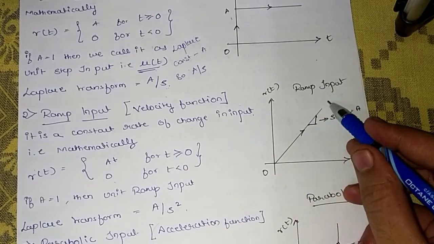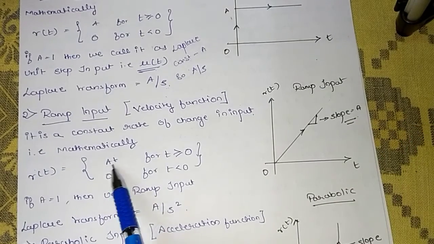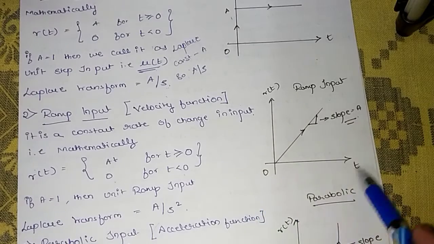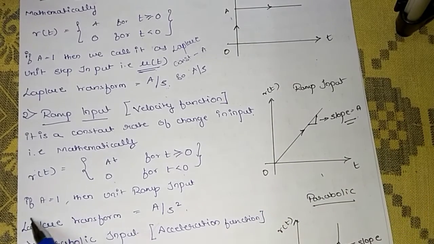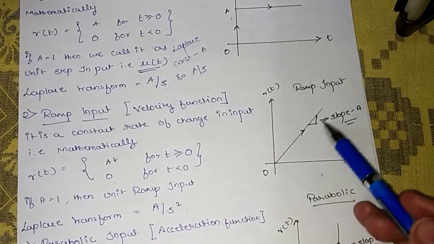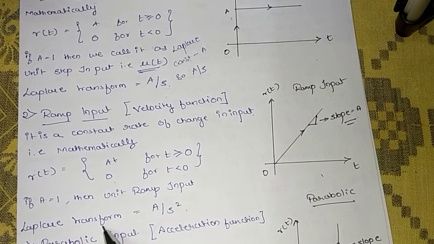For this type we get a slope, and this slope is a. Graphically we can represent the ramp input like this. If a equals 1, then we call it a unit ramp input, and the Laplace transform is a by s square.